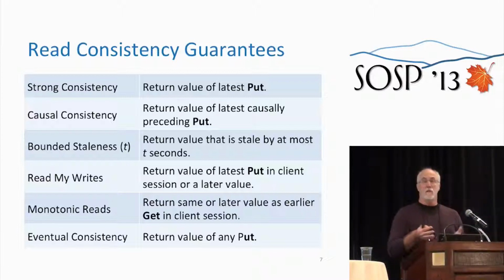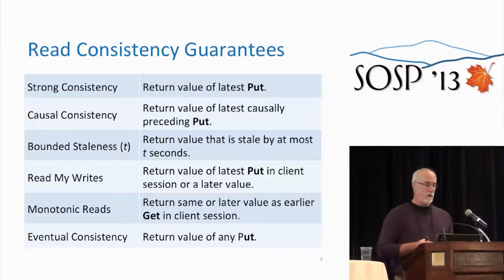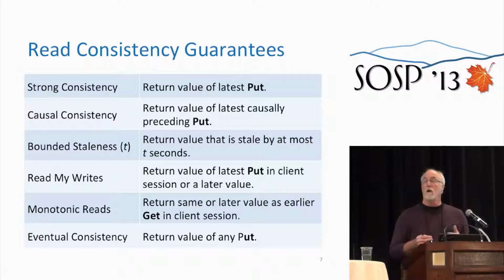Their usage has been motivated in other systems and in other papers you can go read, so I'm not going to go through the details of them right here. We did not invent these consistencies. Our contribution is taking these consistency choices, adapting them to our system model, incorporating them into consistency-based SLAs, and evaluating them in the context of a geo-replicated cloud service.